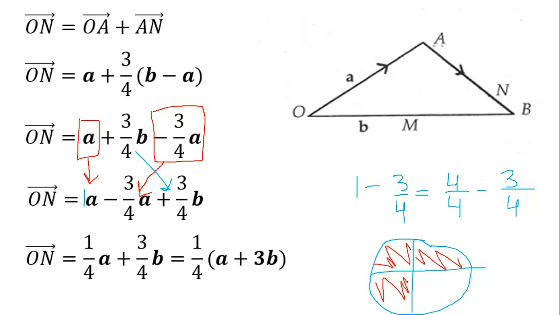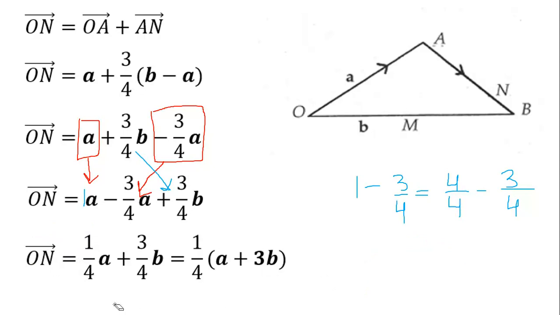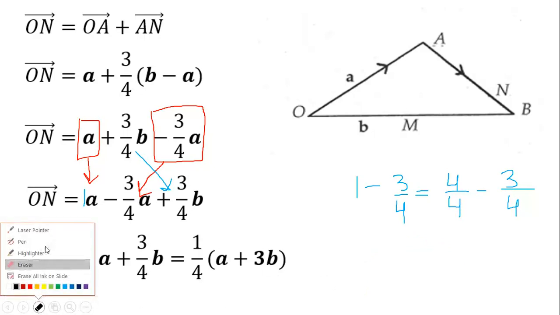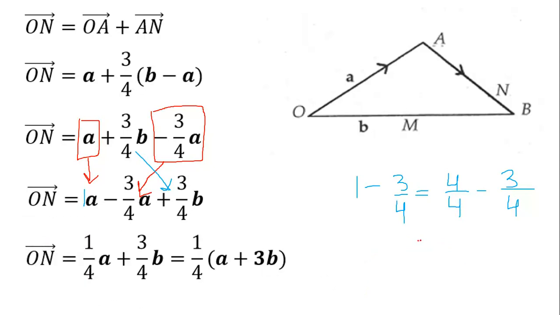So how many slices are you left with? Indeed, you are just left with 1 slice. And so that means that 1 minus 3 over 4, or 4 over 4 minus 3 over 4, is equal to 1 over 4, because you have 1 out of the 4 pizza slices left.